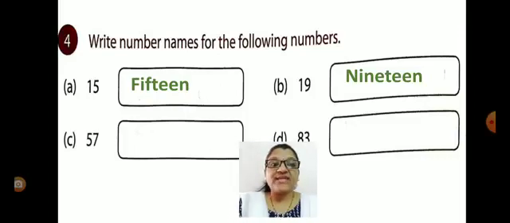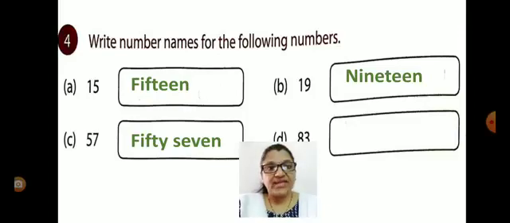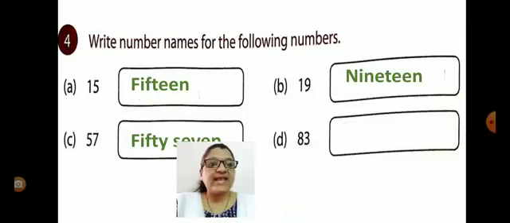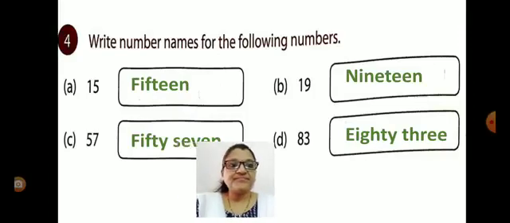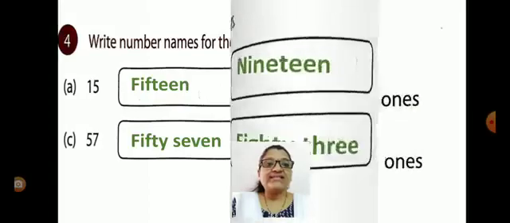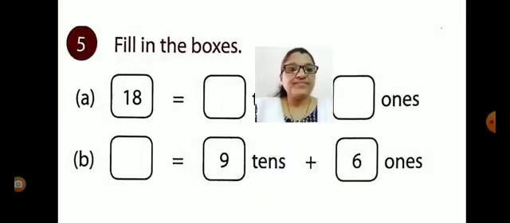Example C 57. F-I-F-T-Y 50. S-E-V-E-N 7. Next 83. E-I-G-H-T-Y 80. T-H-R-E-E 3. Let us see the next question.